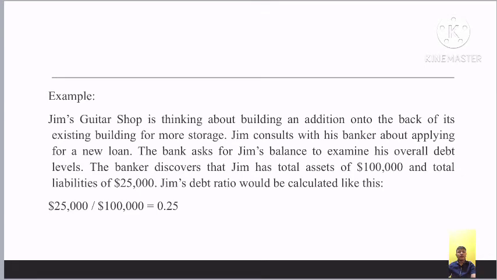The banker discovers that Jim has total assets of $100,000 and total liabilities of $25,000. Jim's debt ratio would be calculated like this: $25,000 divided by $100,000 equals 0.25.